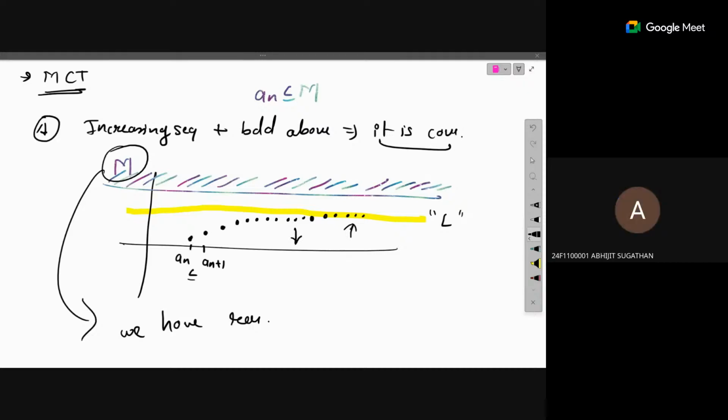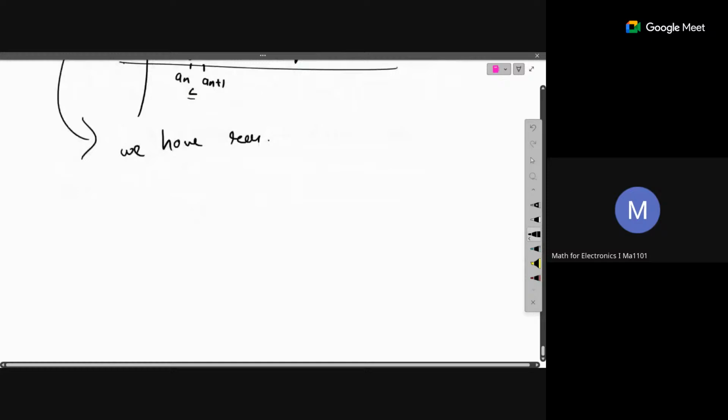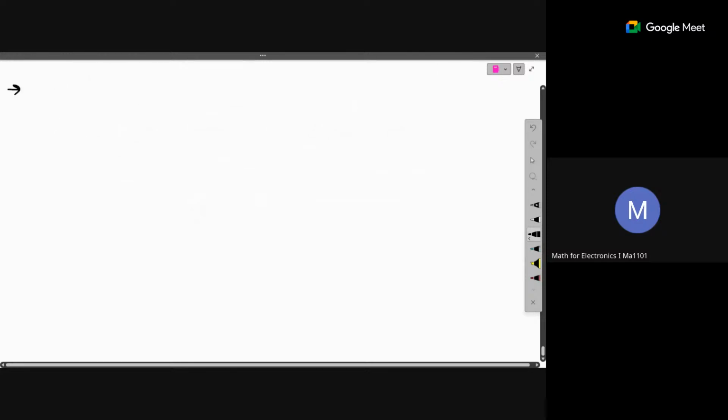I don't have any examples. Okay, yeah, so this 3n plus 2 example is okay. It is also decreasing, or else let's try this example.